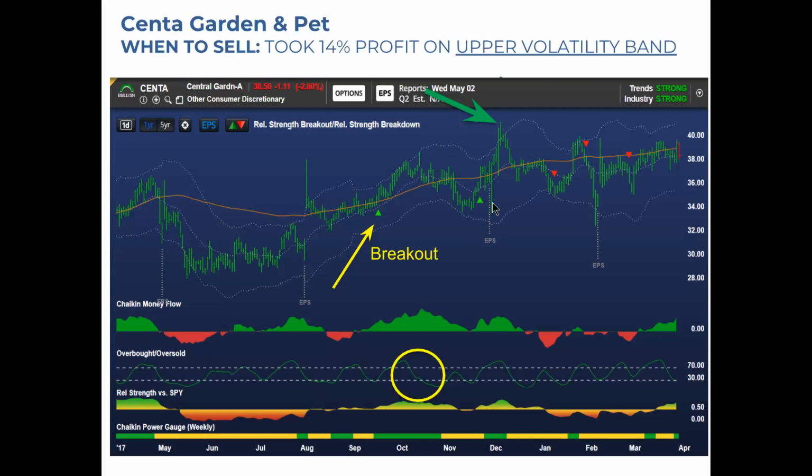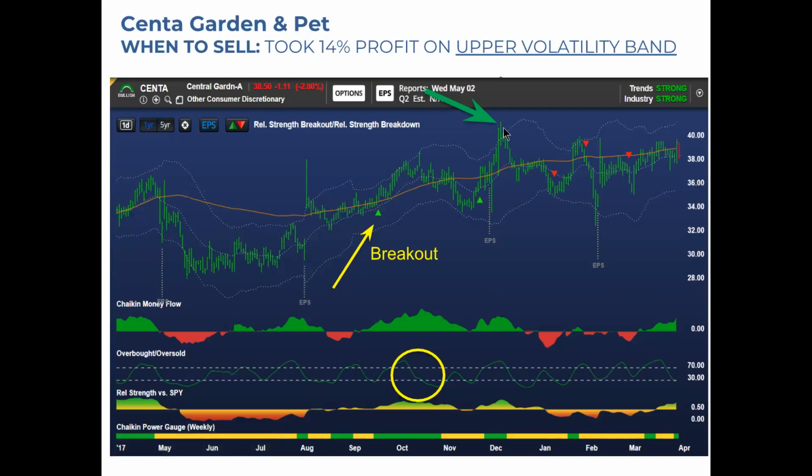So when I saw the stock pull back right after they reported earnings about 10%, I didn't panic because that's normal. That's what this stock does. And everything was green. So I'm like, it's going to spike up. And a few days later, I got my wish.